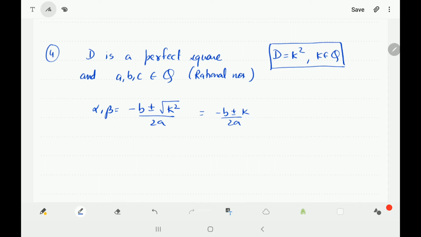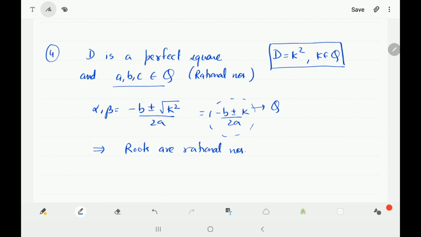Because a, b and c all are rational numbers, this number will also be rational. So if D is a perfect square and a, b, c belong to Q, then definitely our roots are rational numbers.